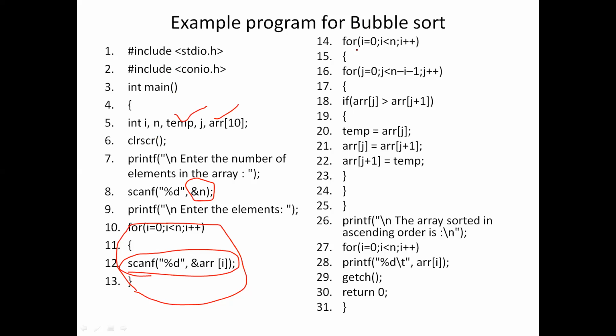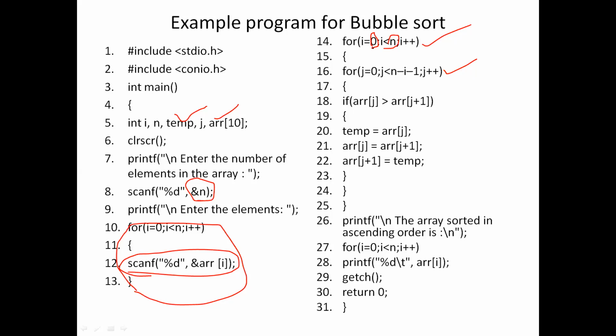So here is the algorithm. This is the first for loop, this is the second for loop. That's all, simple. Why did we write i equal to 0 and not n minus 1? Because the array starts from 0, so the pass starts from 0. If we started from 1, we could write i lesser than n minus 1.